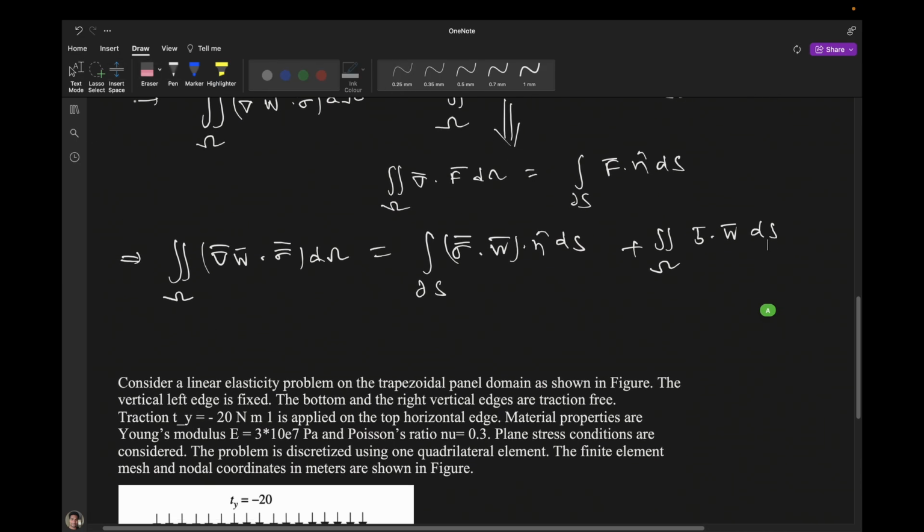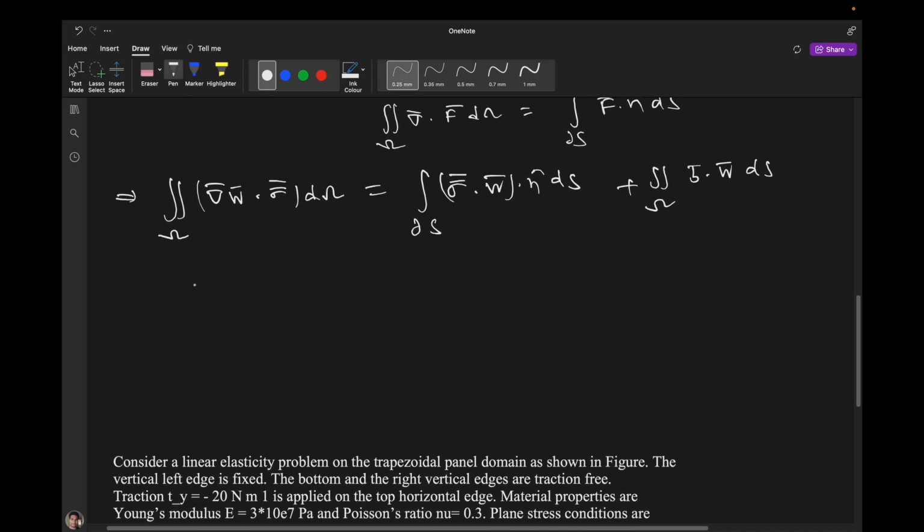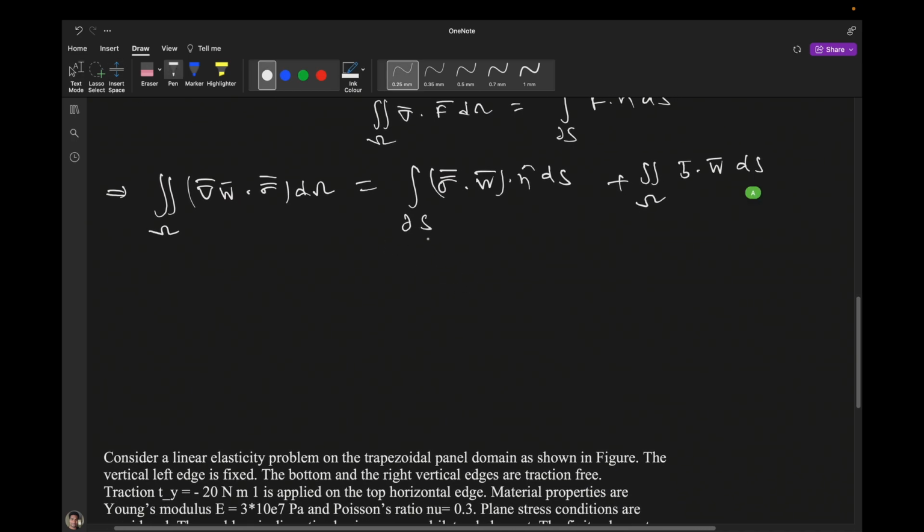Create some more space here. Now we will use one property, that we already know: sigma transpose w dot n can be written as w dot sigma dot n vector.